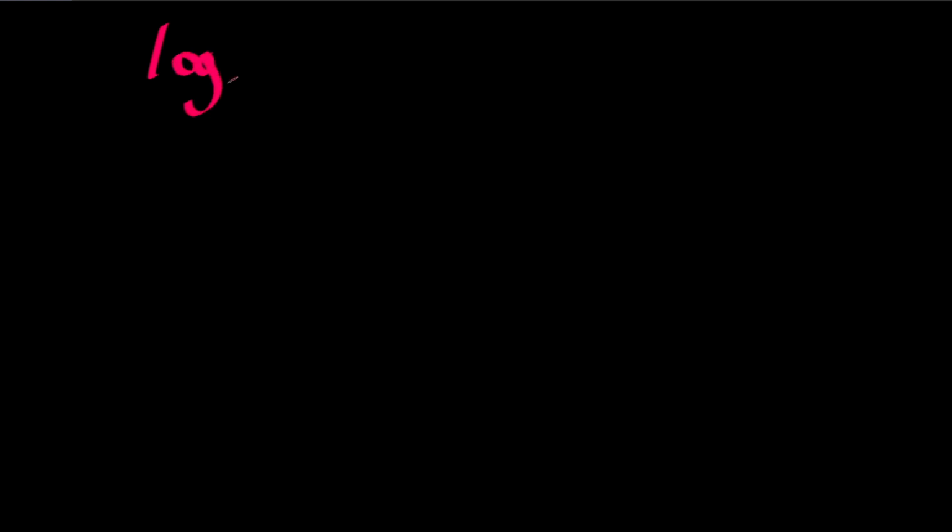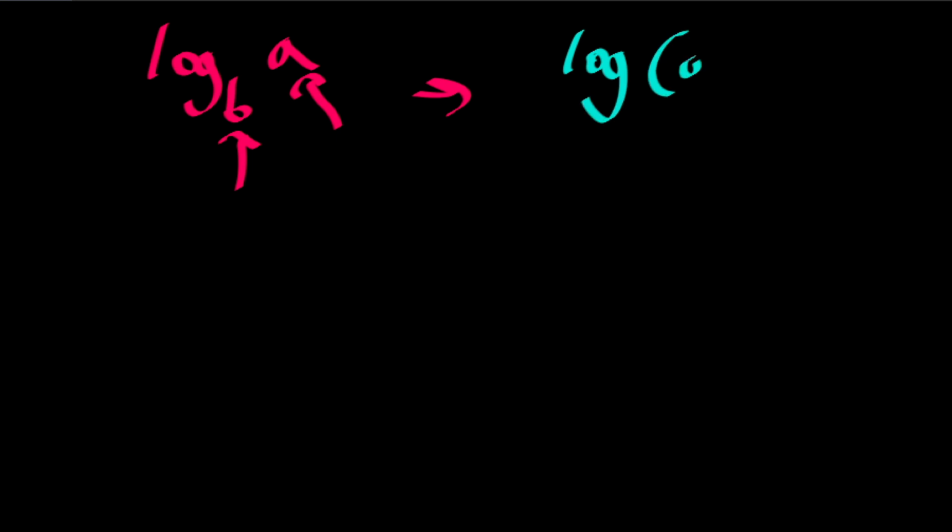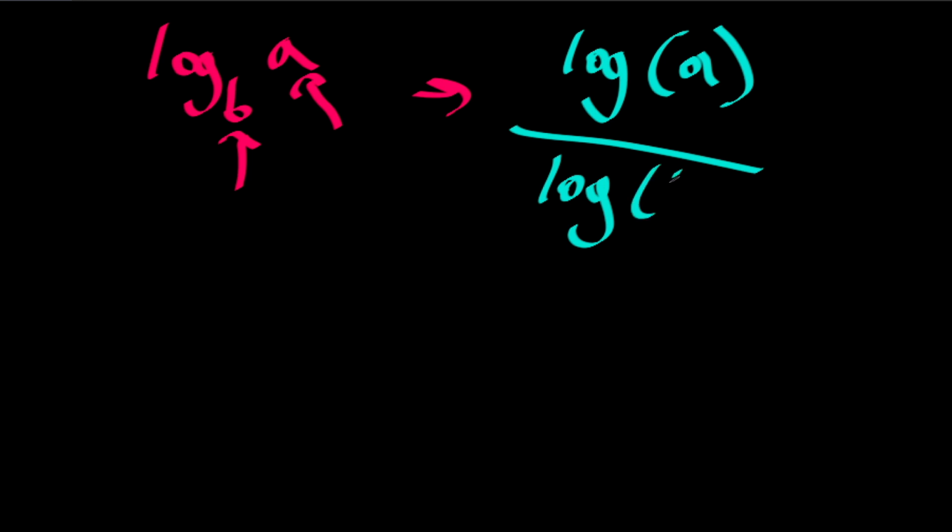If we say log base B of A, well, here's B, and then there's A. We're going to take that and convert it into log of A on the top divided by log of B on the bottom. So now let's go back to the problem we just had, which was log base 16 of 64. Okay, we already established that we weren't going to be able to just eyeball this and figure out what x is.